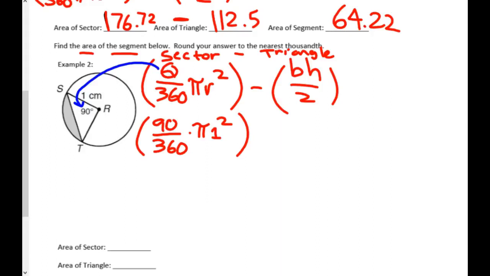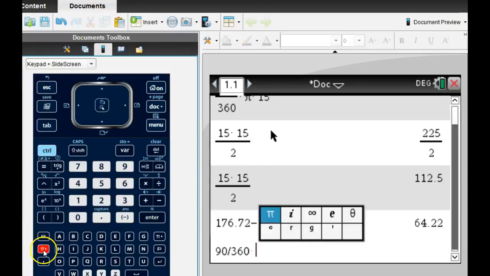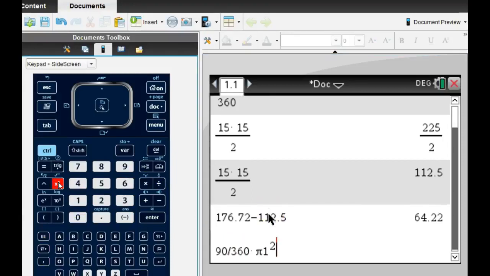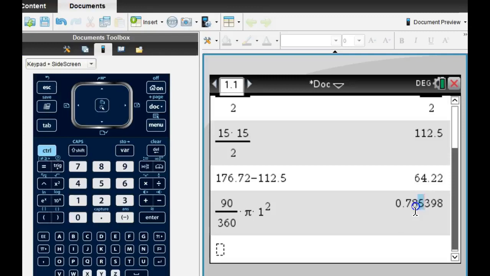So let's do 90 over 360 pi 1 squared. Okay. Now, that's small, but it makes sense, because if your radius is 1, okay, and you have a slice of that, that's a small number. So 0.78, actually 0.79, because that 5 makes that 8 go up. So 0.79.